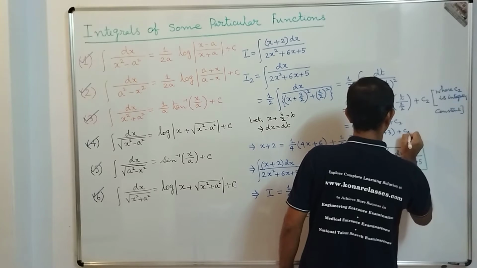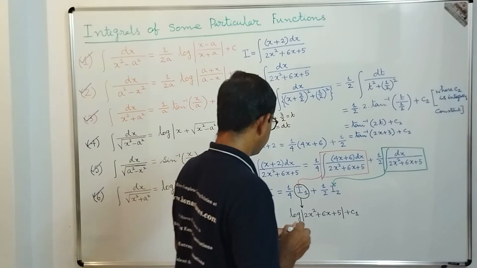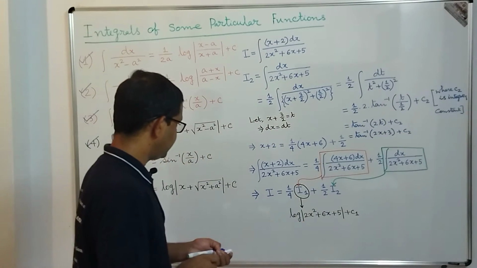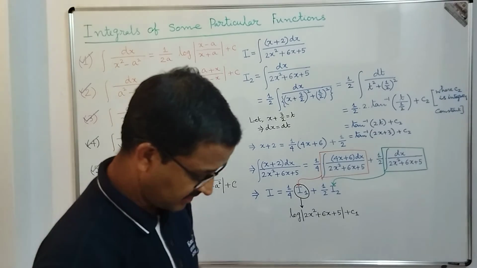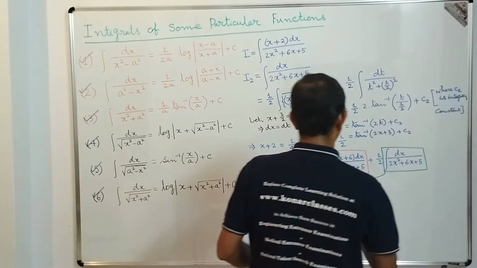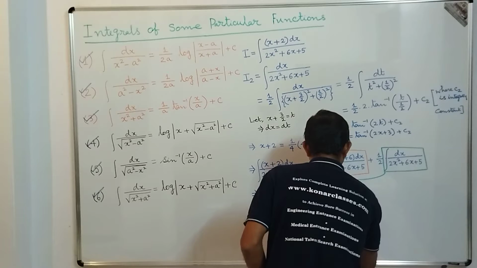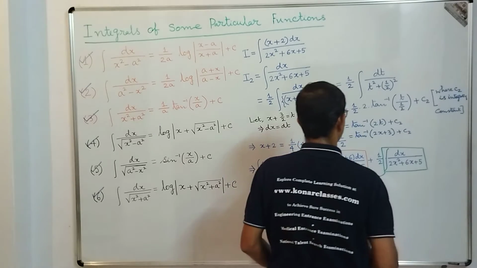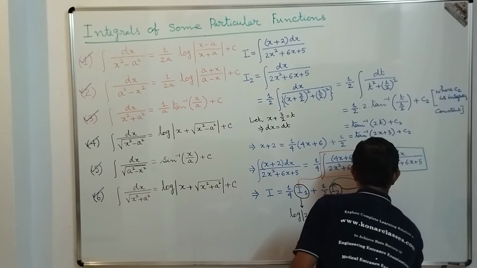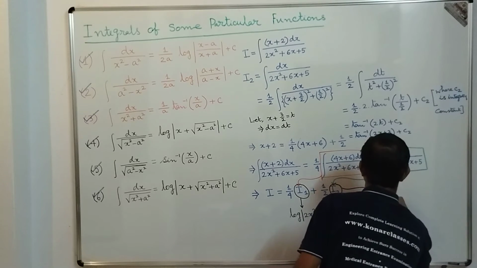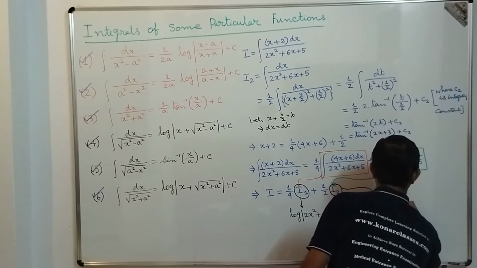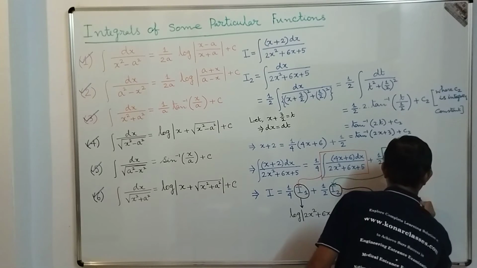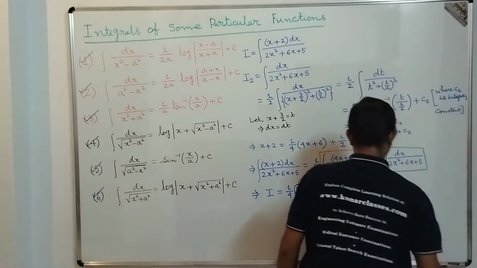So dear students, what is the value of this integration we get, that I2? The value of this integration I2 we get as tan inverse of 2x plus 3 plus c2.